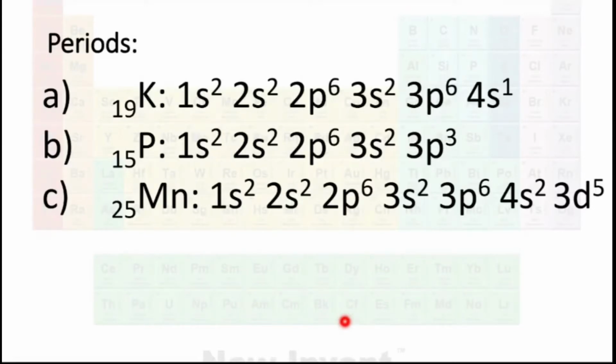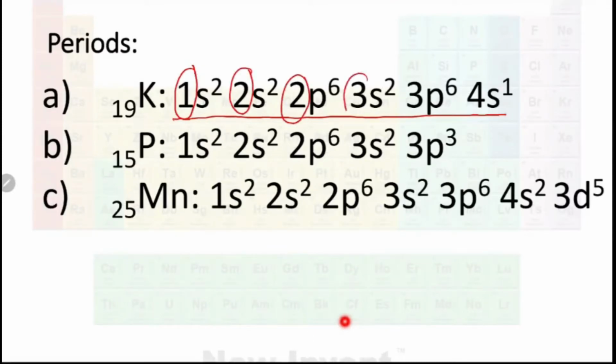How do you see from the electronic configuration which number represents the number of shells? The number that appears in front of your electronic configuration. The number 1, the number 2, the number 3 and the number 4.